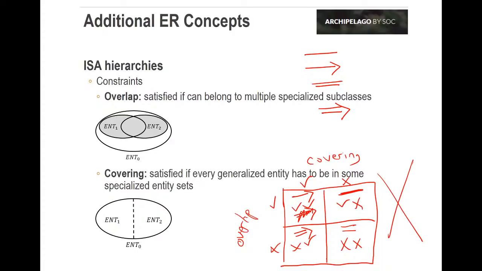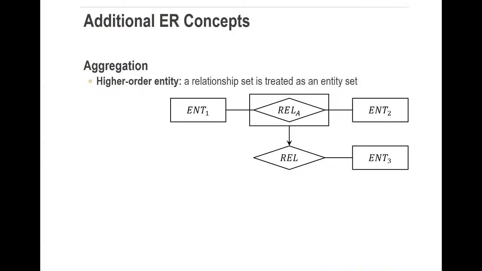Then there's aggregation. In some cases, we want to say certain useful things. Things like, you have horse, you have people, and then there's ownership.